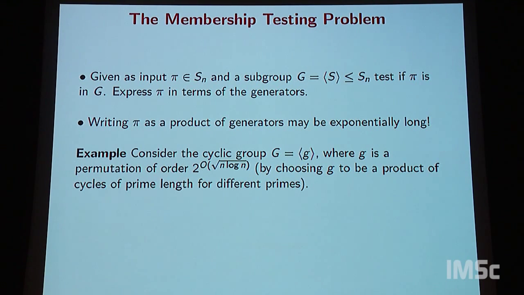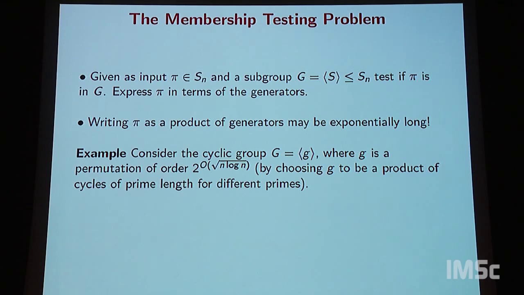What is the order of a single cycle? It's the length of the cycle. If I give you a bunch of disjoint cycles, what is the order of that product? It's the LCM. And that's why I've chosen different primes here, to make the LCM as large as possible. And by the prime number theorem, you can easily check that the order can become as large as 2 to the power square root of n log n.